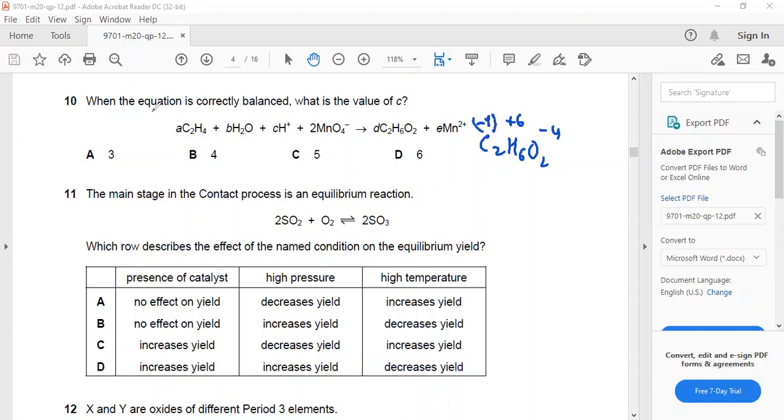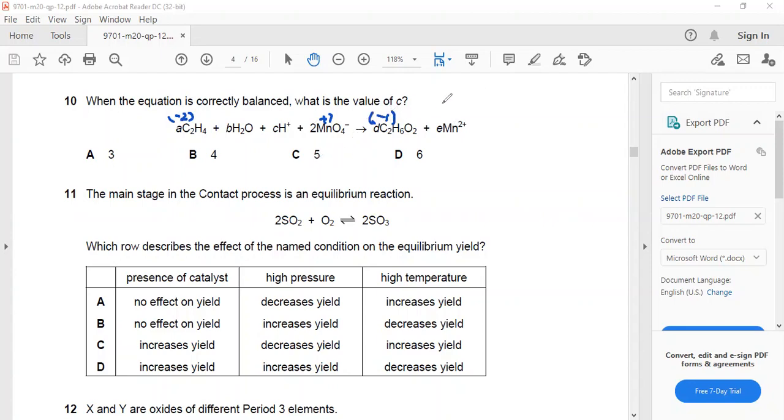Okay, in C2H4 it is plus 4 and minus 4, and on 1 carbon it is actually minus 2. So right here the oxidation state is +7, and here on 1 carbon it is minus 2, and here on 1 carbon it is minus 1.